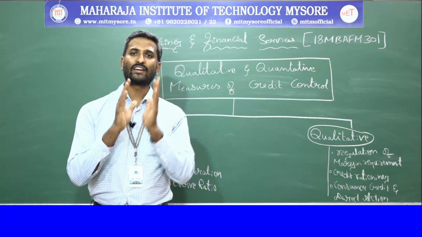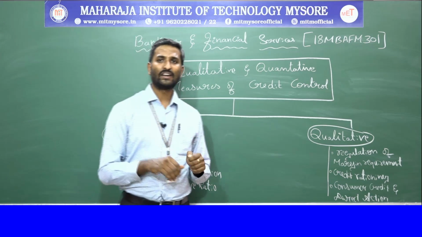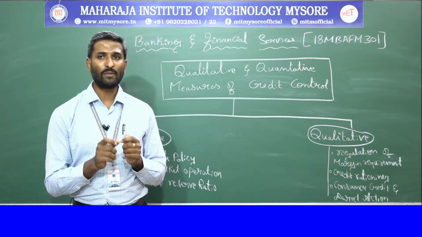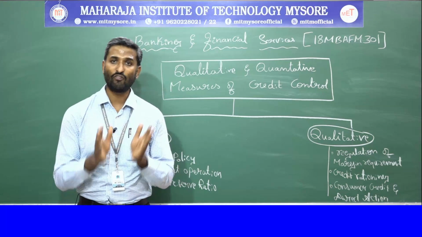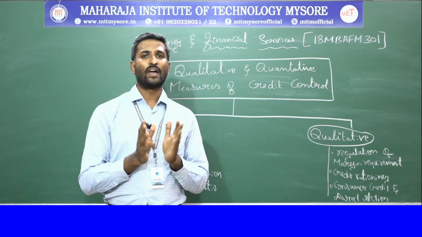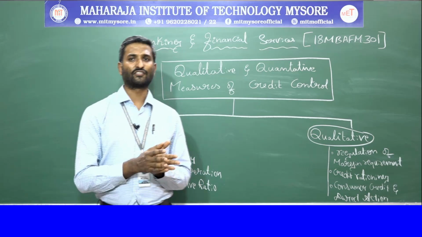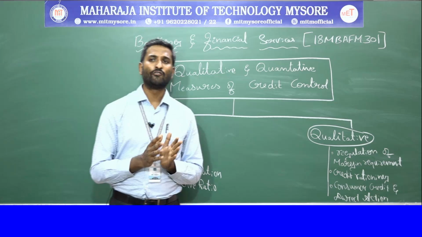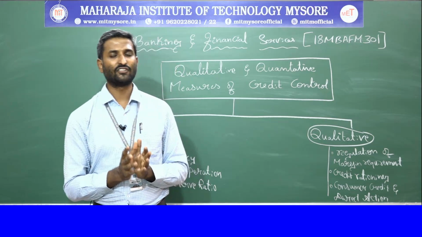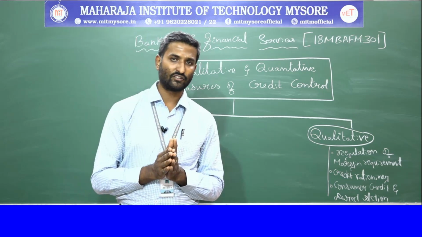So credit rationing is a method by which the central bank seeks to limit the maximum amount of loans and advances, and in certain cases also fixes the ceiling for specific categories of loans and advances.